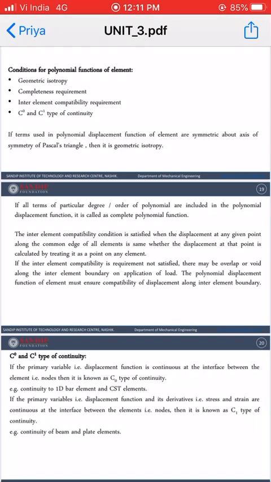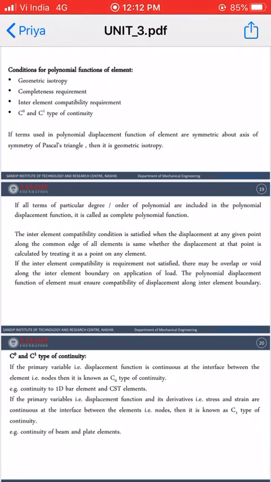So if the rigid body displacement term is not included in your polynomial shape function, then it will shift the origin of the coordinate system and cause additional stresses and strains in the element.